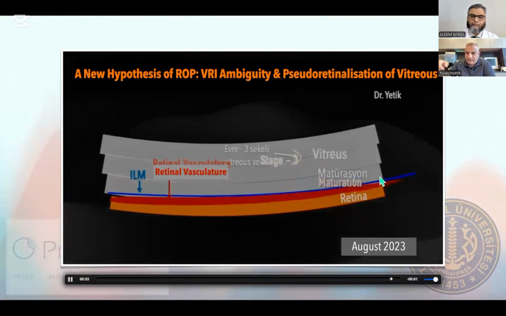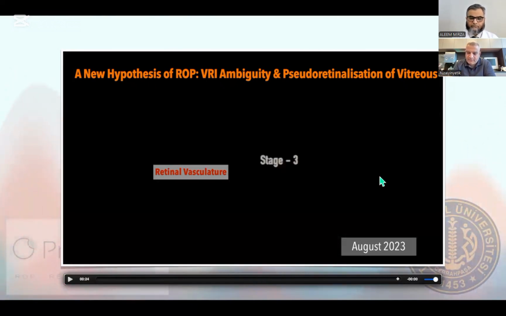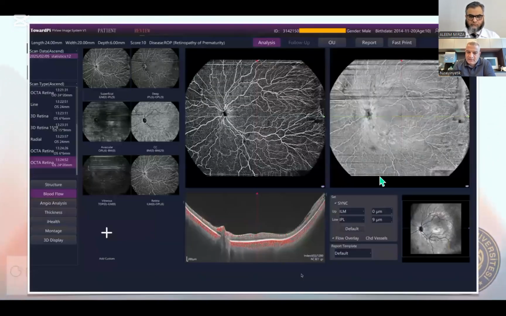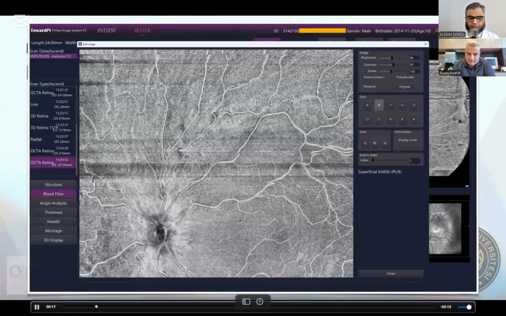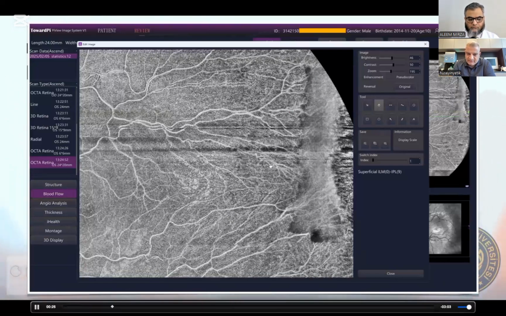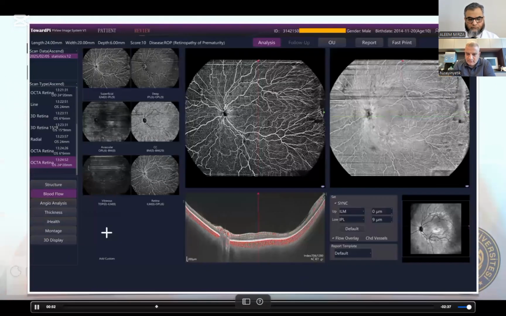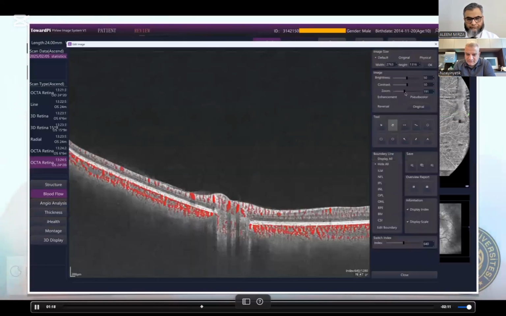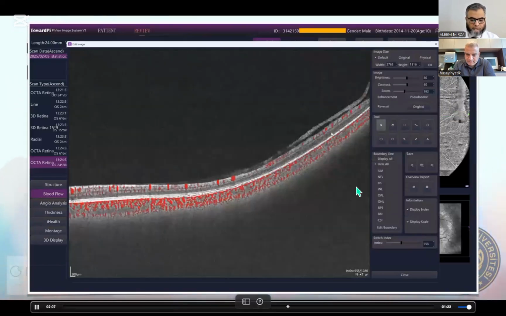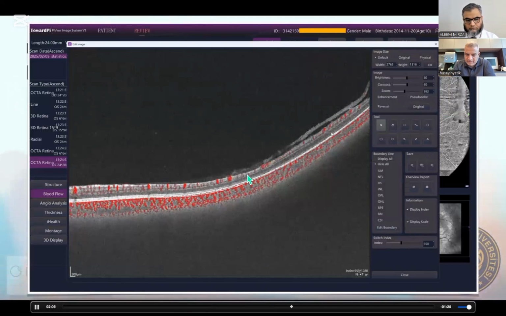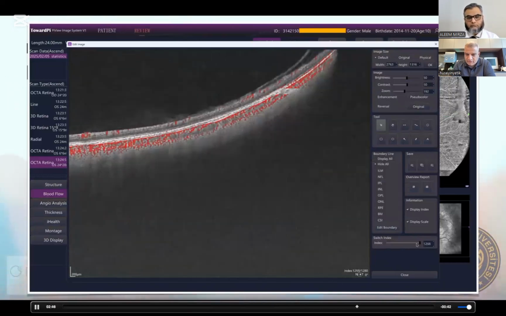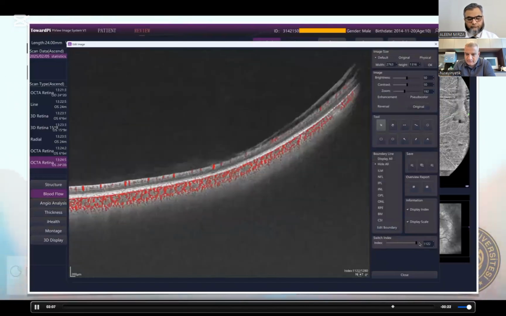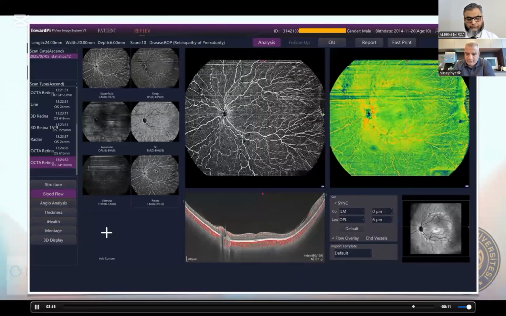And this process may occur several times. That's my hypothesis, and we can see at this area years later, please look at this line. Vessels go into the vitreous, and this is confirmation of this, but years after.